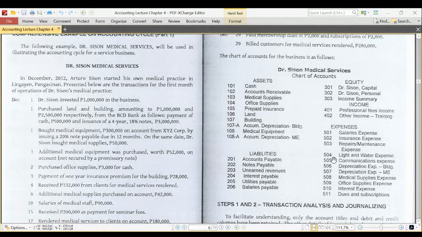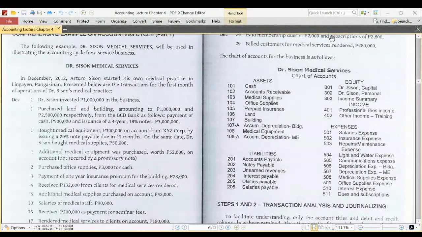Ganito yung itsura niya. So, merong different accounts for each element. Sa assets, maraming account. Sa liabilities, maraming account, may accounts payable, notes payable, unearned revenues, etc. Meron pang equity, and then capital, personal, income naman. Ito listahan talaga.